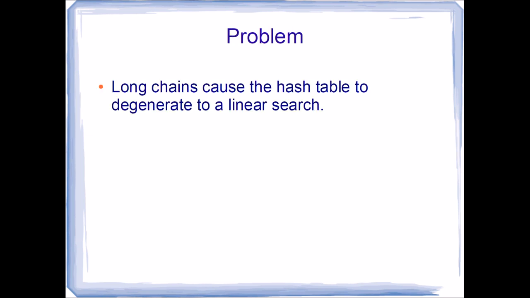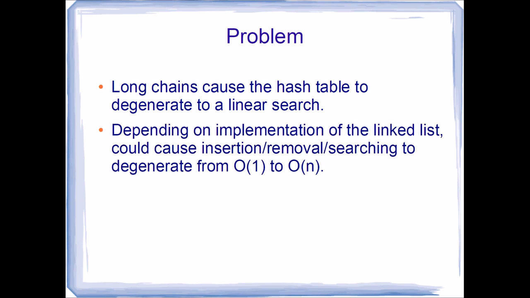Problem: long chains cause the hash table to degenerate to the performance of a linear search. Depending on the implementation of the linked list, this could cause insertion, removal, or searching algorithms to degenerate from big O of 1 to big O of n.